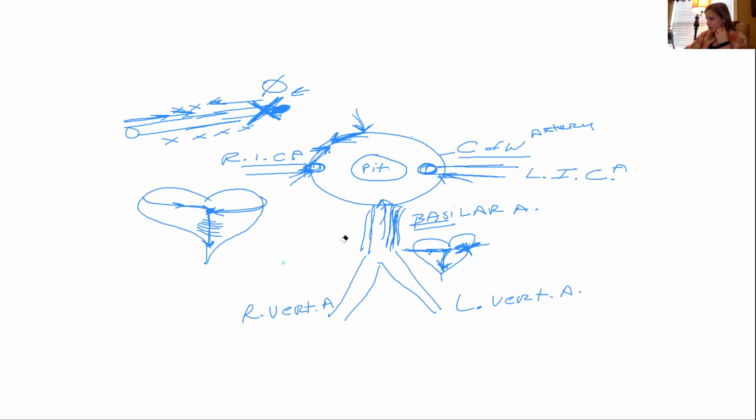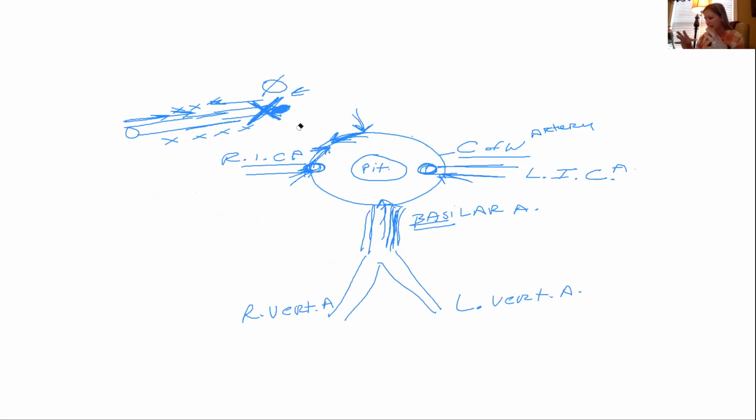So which ones are actually considered anastomoses? So I understand the circle of Willis being considered an anastomosis. It is, right. Anytime there's blood coming to a vessel from more than one direction, that's an anastomosis.